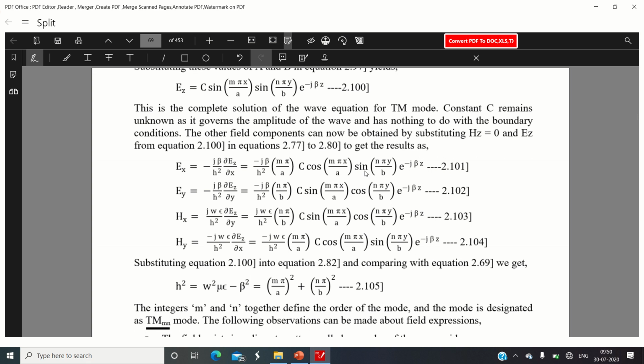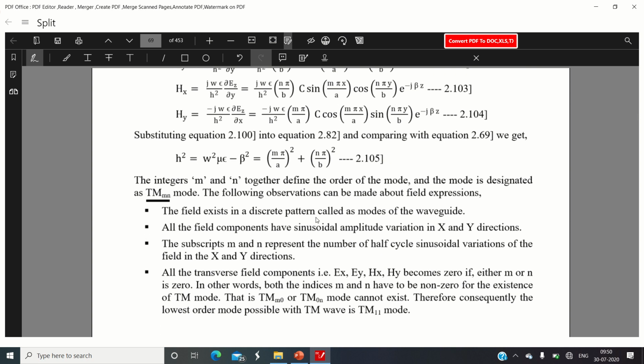On the right hand side, all the field components Ex, Ey, Hx and Hy are going to become 0. Please remember, this is a very important observation. All the transverse field components will become 0 if either m or n is 0.